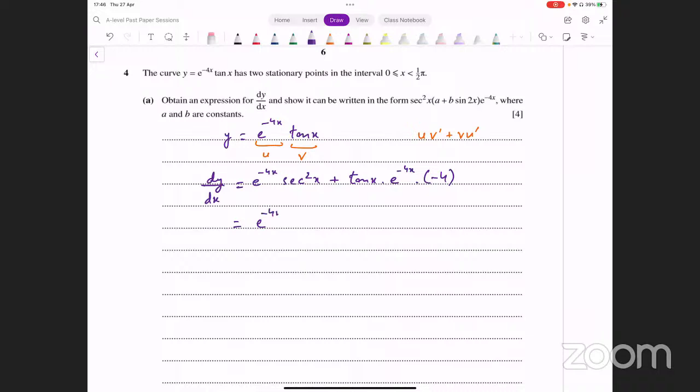It becomes e raised to power minus 4x into secant square x plus, or in fact minus, because we have minus 4 here. तो अब यहाँ पे क्या करोगे? minus 4 रखोगे into tan x. This is what we have now.